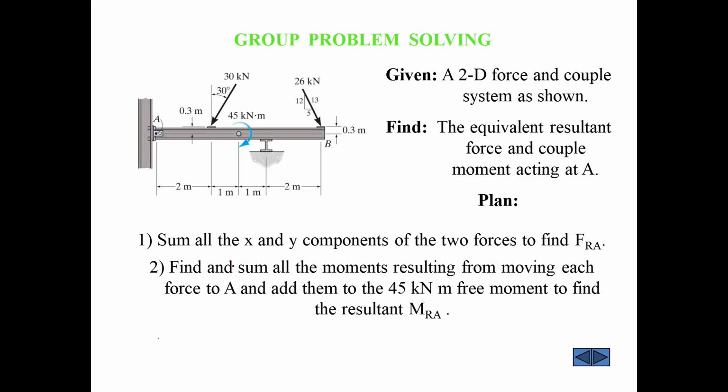So they're saying find and sum all the moments resulting from moving each force to A, which is basically the same thing, and add the 45 kilonewton moment. See that moment there? So 45, this is a moment here, right? Free moment to find the resultant moment, which is what we did just now.